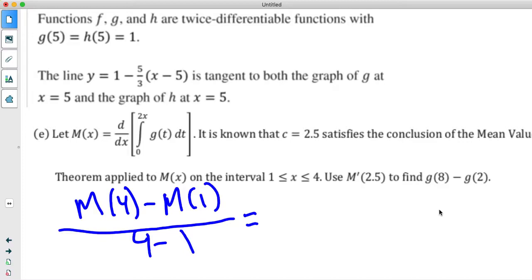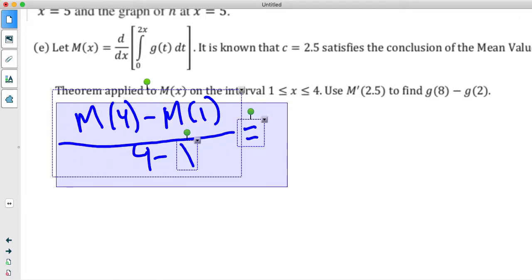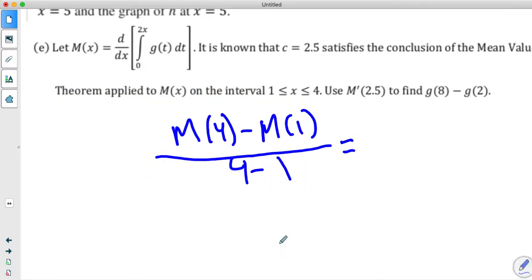This is where it started to come apart a little bit. So I had this one started off correctly. One thing that I want to do is, I was on the right track here, but what I missed was just incorporating that first part. This is what we were trying to find here, the m prime of some c value, just using the mean value theorem.